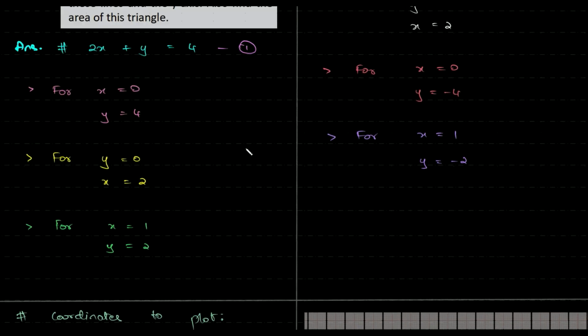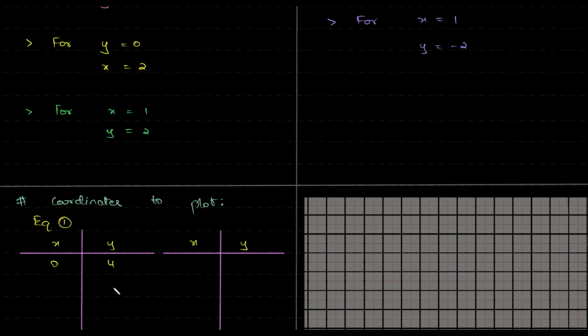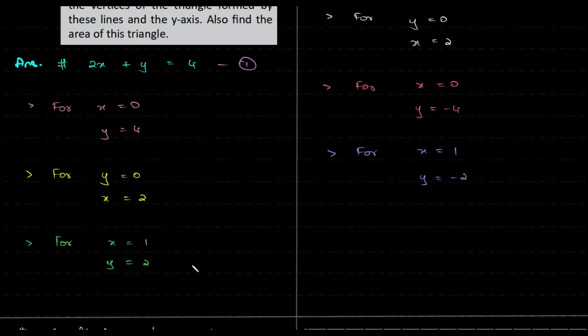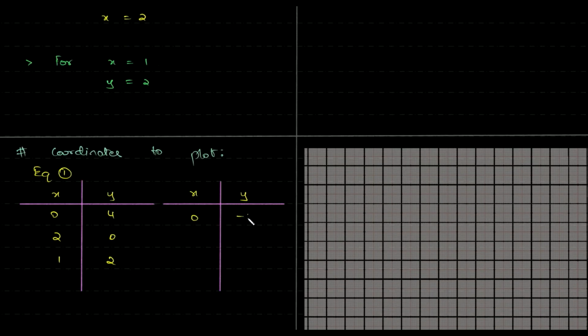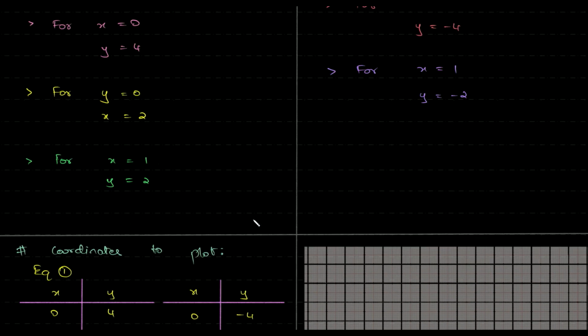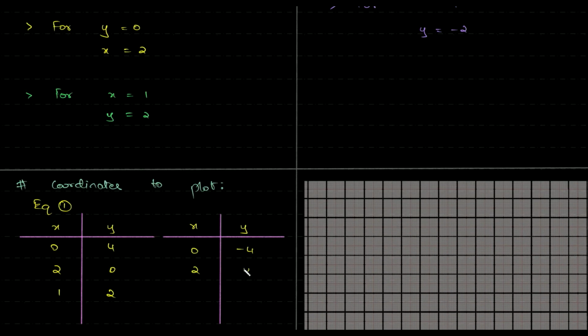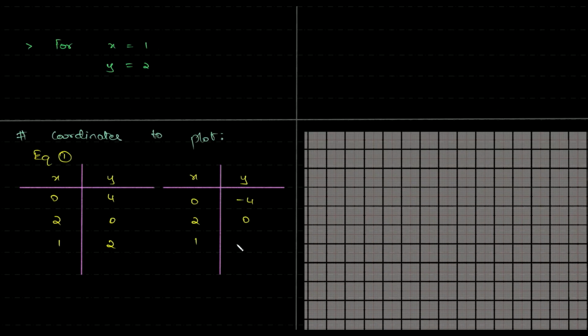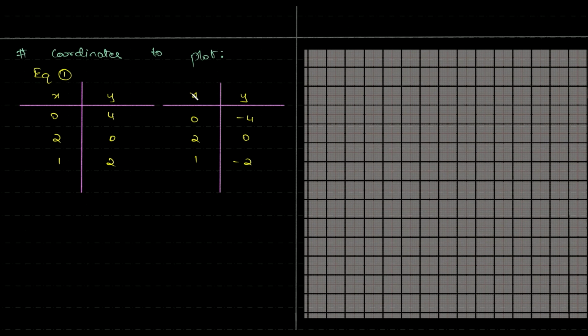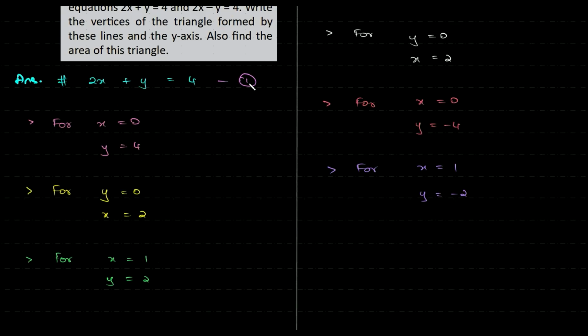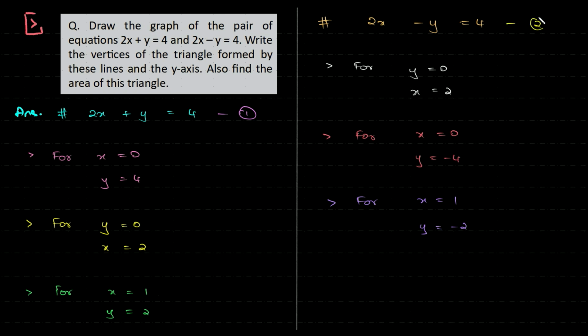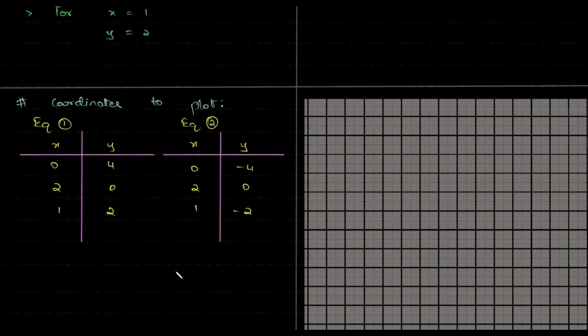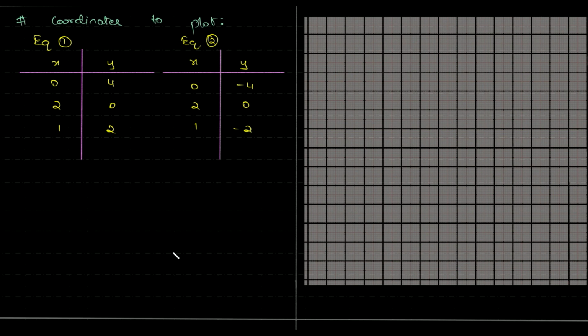And 2 and 0, 1 and 2. And the other equation would be 0 and minus 4, 2 and 0, 1 and minus 2. That would be equation 2.